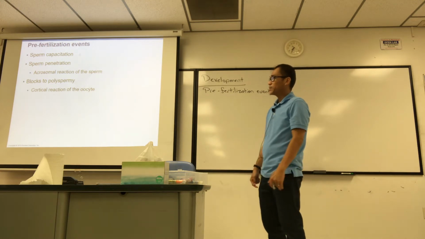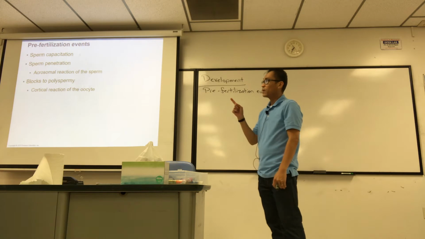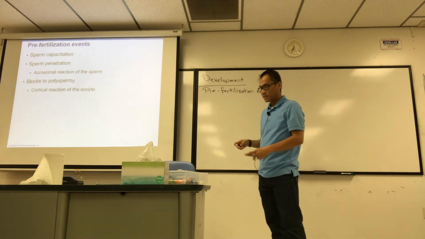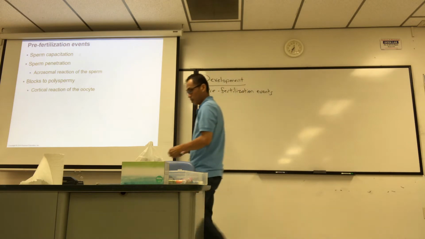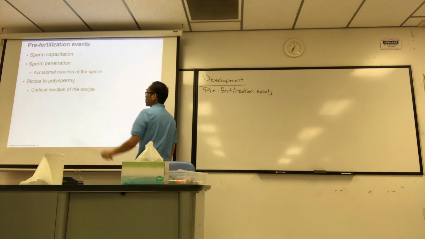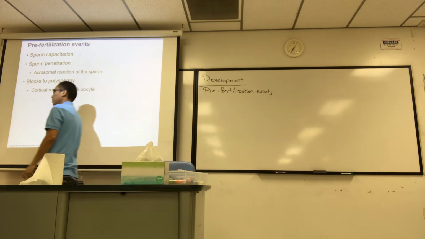For a pregnancy to be successful, let one in, keep all the others out. Okay, that's the basic idea by this last point here. So let's talk about these first 2 points: capacitation, penetration.